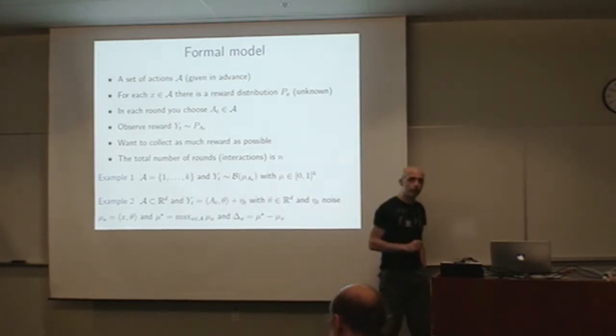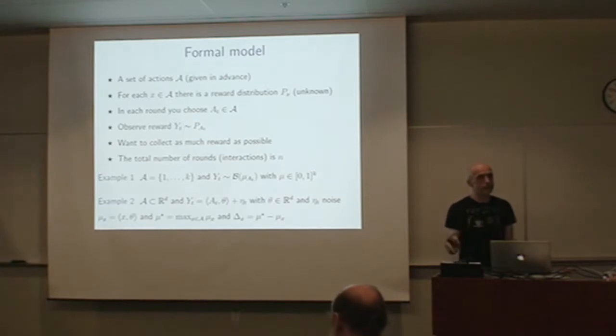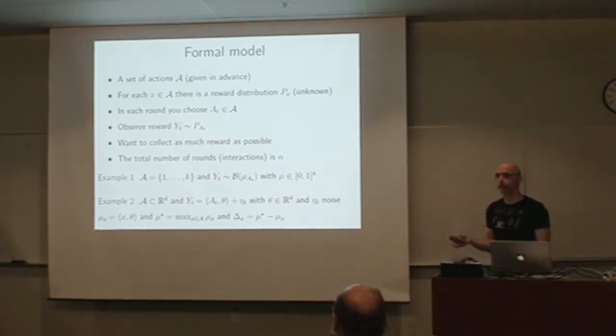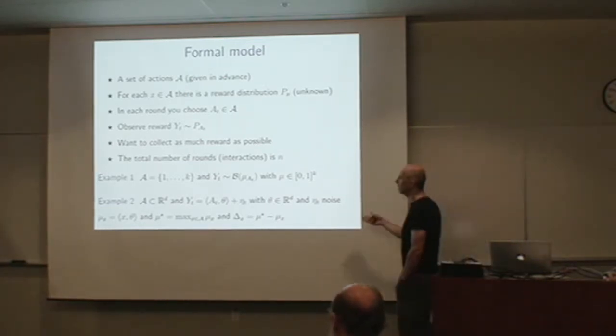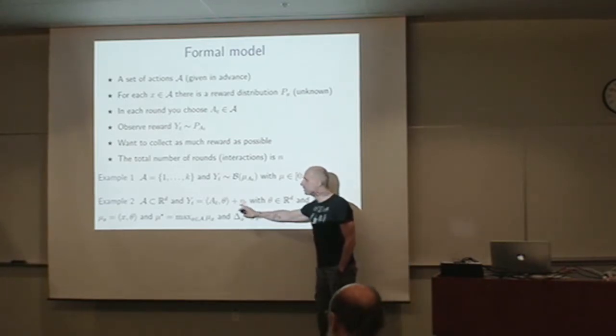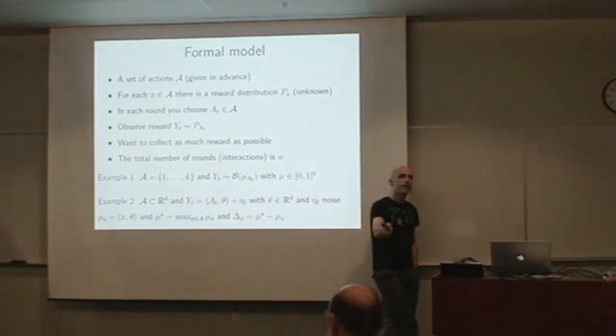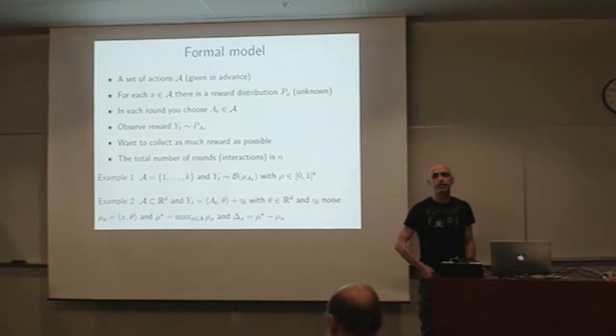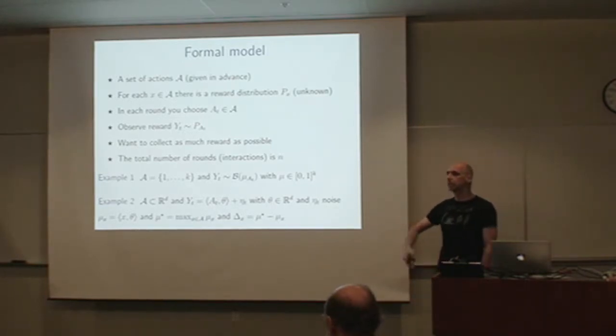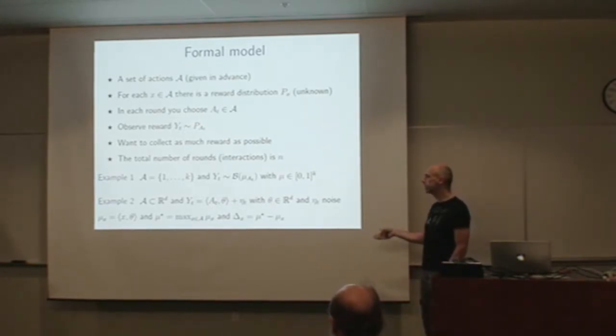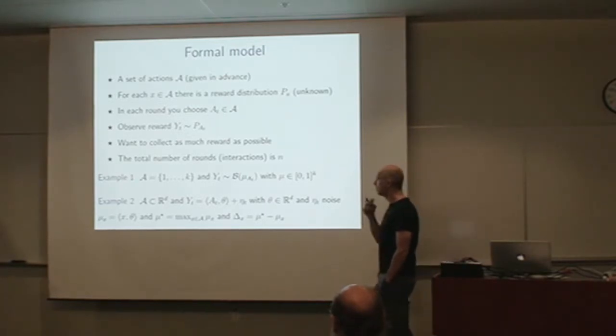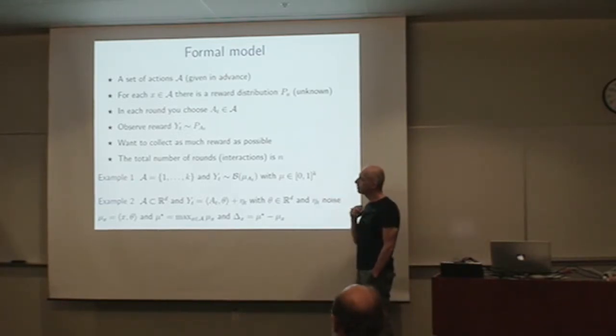That gives you the mean reward, and that's contaminated with noise, right? And so eta t is just this noise variable, so it's zero mean. Maybe it's IID in the simplest setting. It's IID, zero mean, unit variance Gaussian. That's the setting that we're going to look at. And still you want to maximize your total reward.